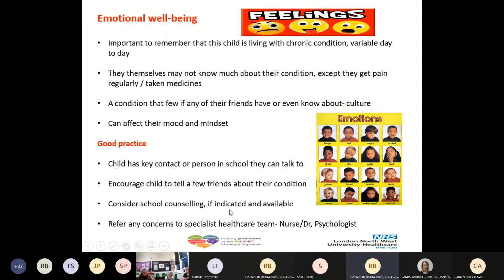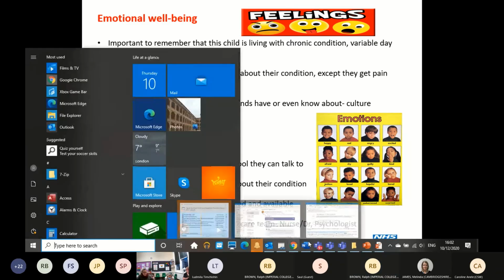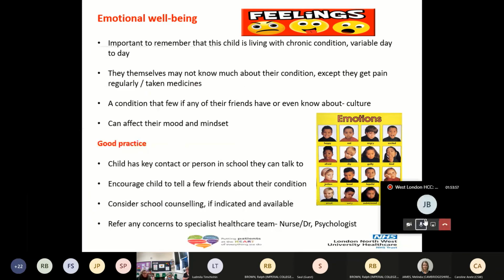Counselling. That's fine. So obviously having somebody in school that they can talk to. Sometimes it's a good idea to encourage a child to tell one or two of their friends. I've had a few children where they've gone into perhaps year 7 or 8 and they wanted to tell a few friends about their condition, or why they might have been away from school for a few days, or they can't quite manage to keep up in PE.